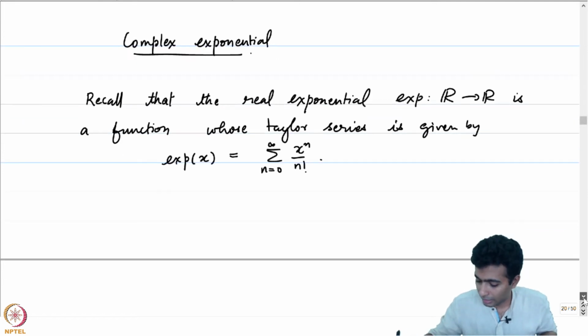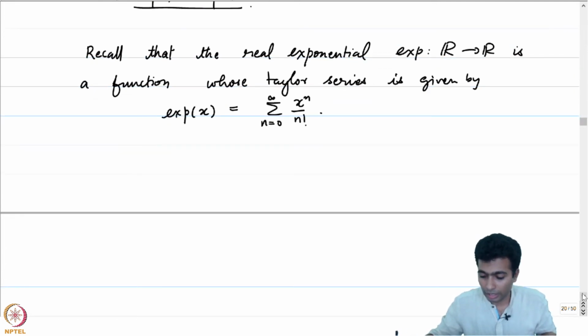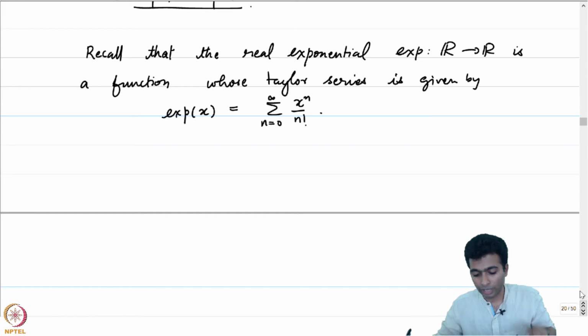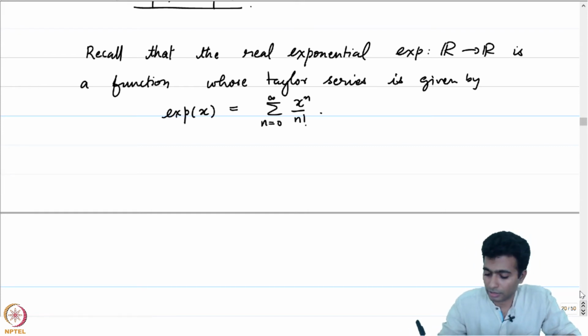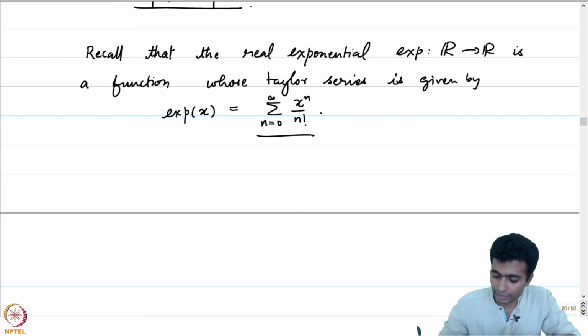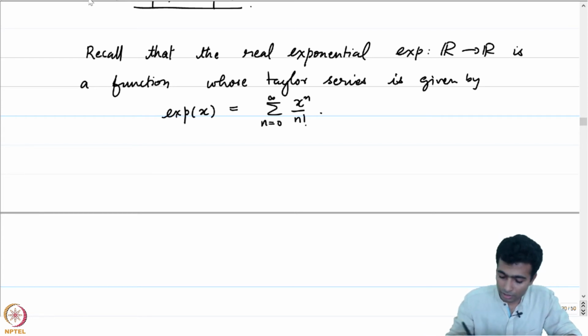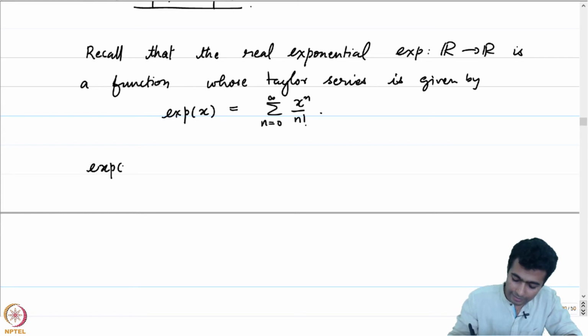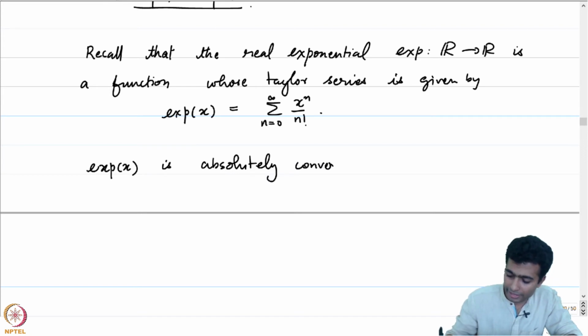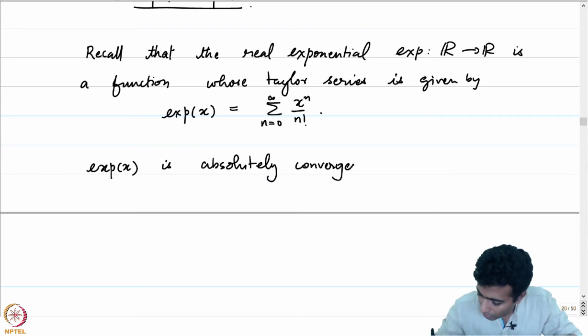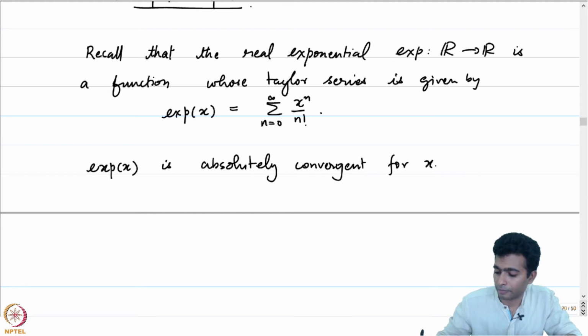You would have seen that for every x in R, this series is an absolutely convergent series. So exp of x is absolutely convergent for every x in R.